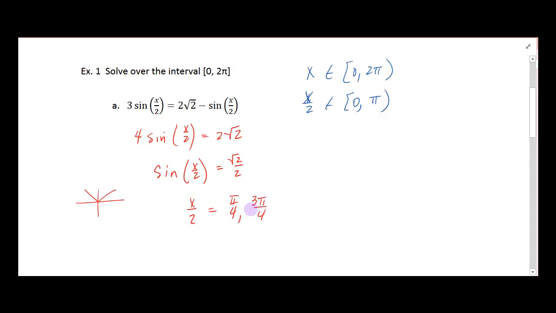I'm not done yet because I want to solve for x ultimately. So I'm going to multiply everything in here by 2, and I end up with x equal to pi over 2 and 3 pi over 2. So this is the solution set for this equation.